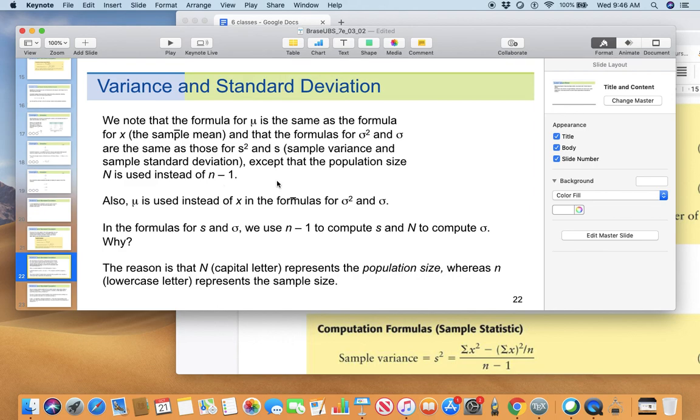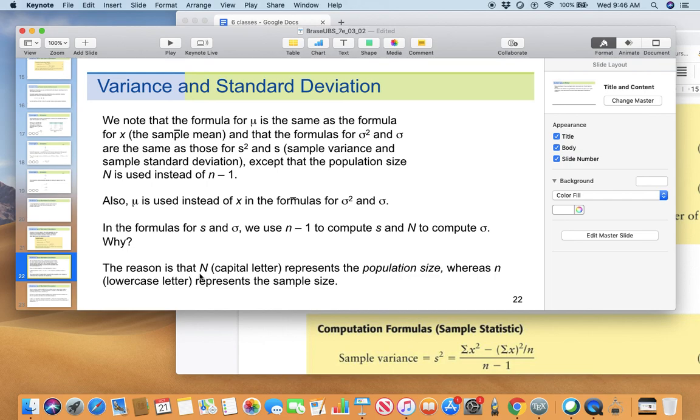Okay, that's the only difference. Mu is used instead of x bar in the formulas. In the formulas for S and sigma, we use n minus 1 for S and capital N for sigma.